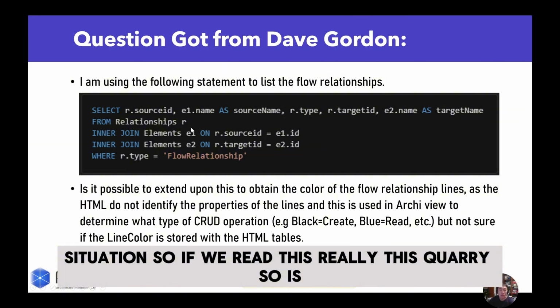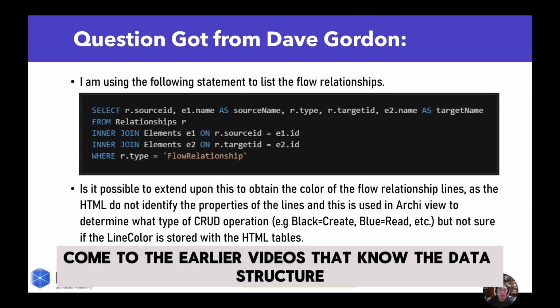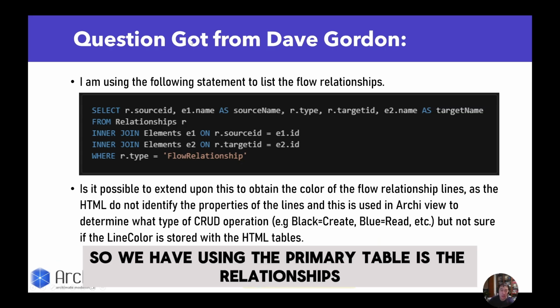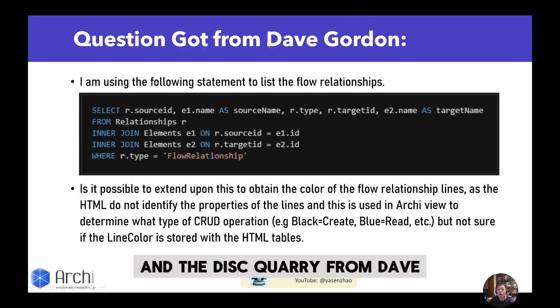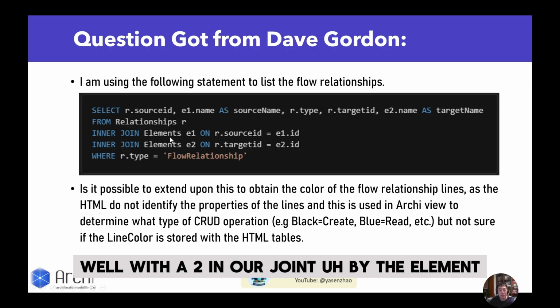So if we read this query, and if you're not familiar with those table names, go to the earlier videos to learn the data structure. We are using the primary table relationships in this query from Dave. We give the relationships table the alias R, with two inner joins to the element table.